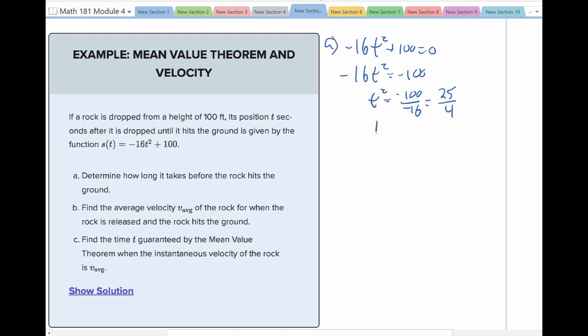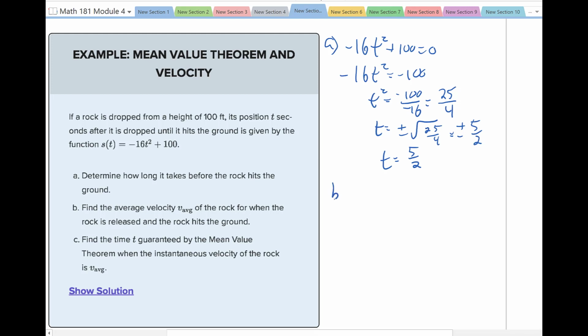So t would be plus or minus the square root of 25 over 4, so plus or minus 5 halves. It can't be negative 5 halves because we can't go back in time, so time equals 5 halves is when this would hit the ground.